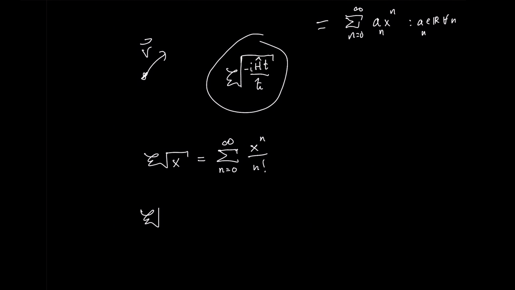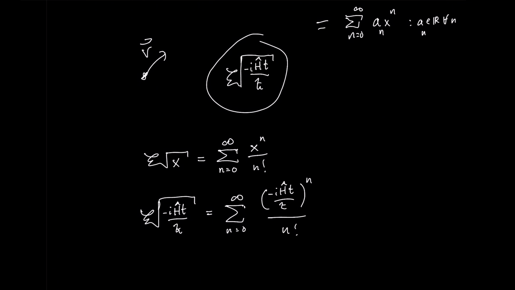We have exponential generator function notation: e to the negative i H hat t over h bar is equal to the sum, n equals 0 to infinity, and then the argument for the x is negative i Hamiltonian operator t over h bar, that's the nth power, over n factorial.